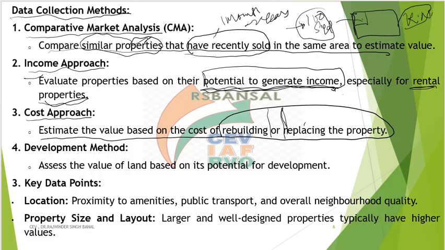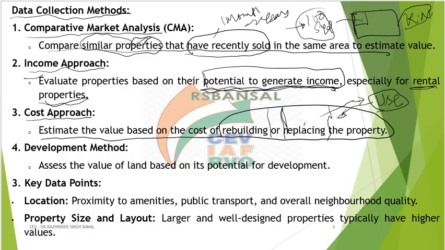Replacement means you have to replace the building with a similar building, but its material may be different, its design may be different, but it must have the same, similar use.